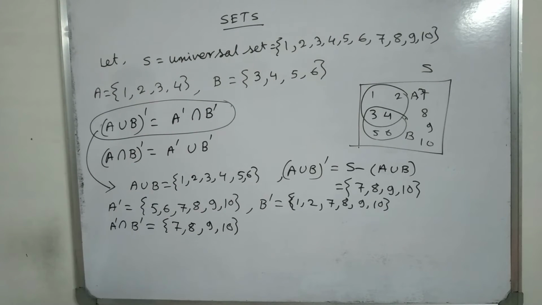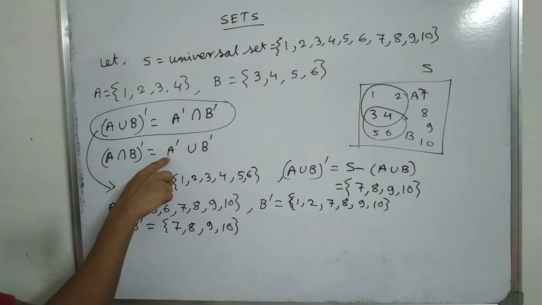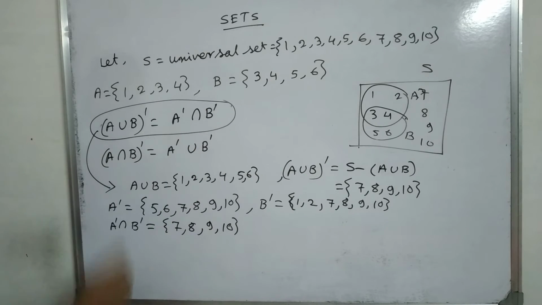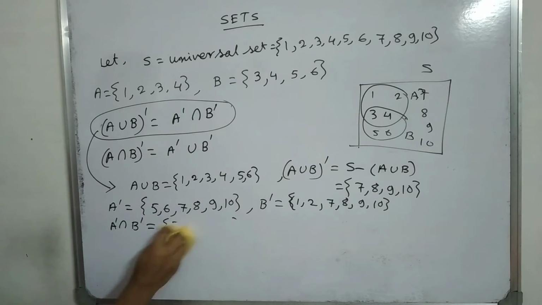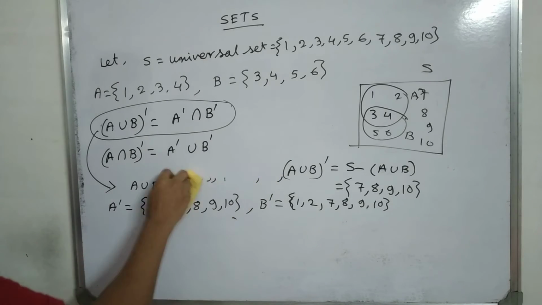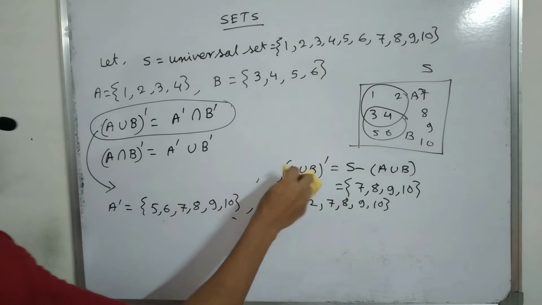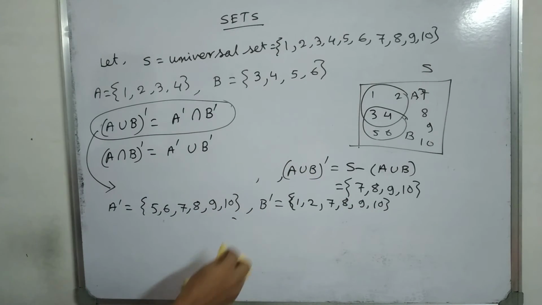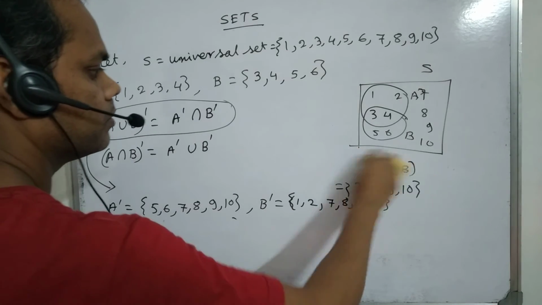Then we verify the second law of De Morgan's law. The second law is A intersection B whole complement equals A complement union B complement. So here A complement is 5, 6, 7, 8, 9, 10, B complement is 1, 2, 7, 8, 9, 10.